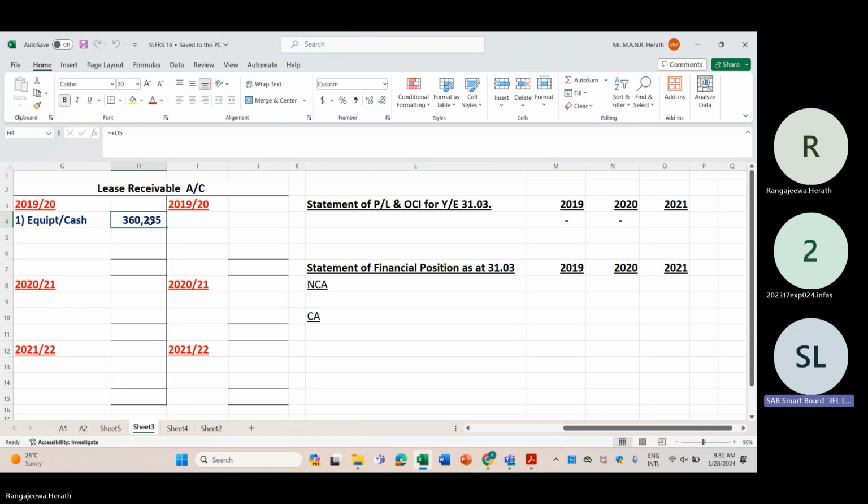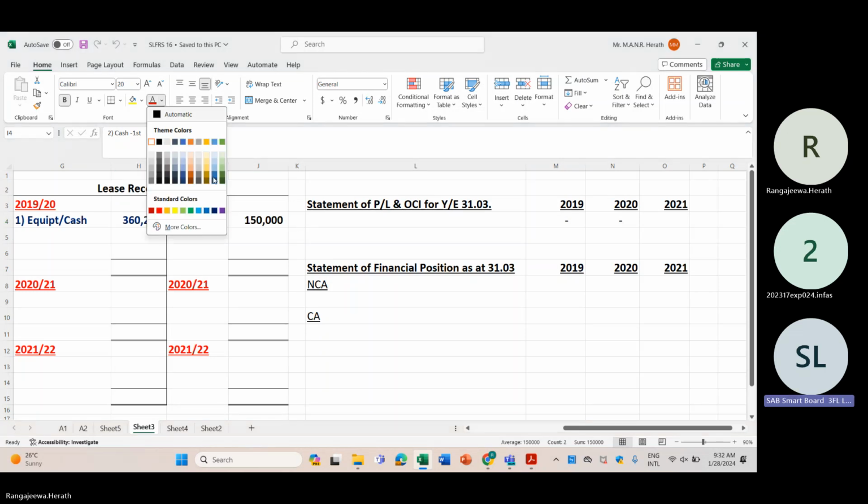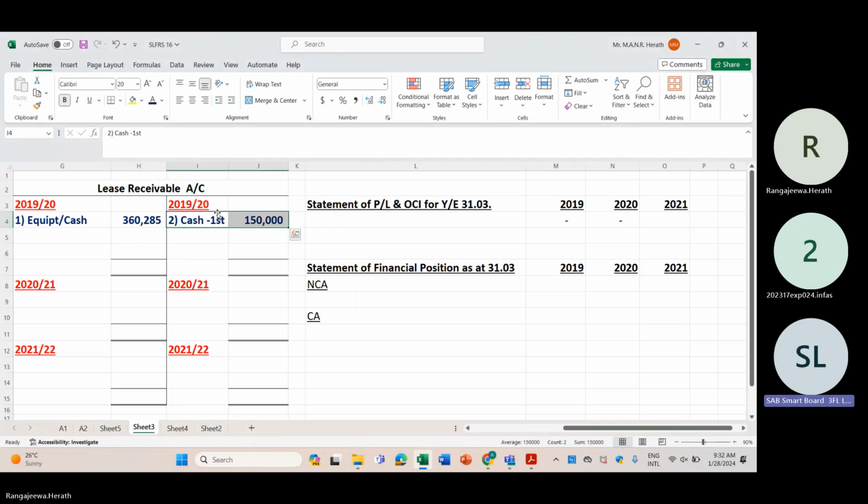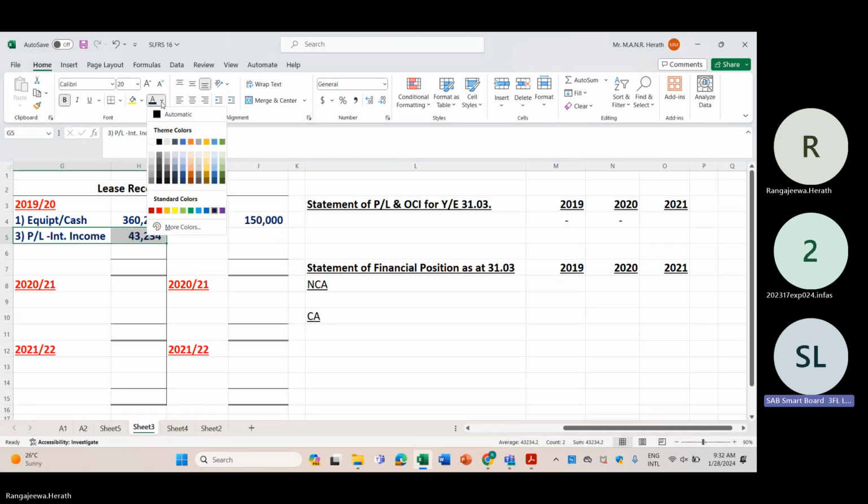This is the discounted amount of the lease payments, from the lessor's side. The lessee pays cash, so cash credit. The equipment is credited and debited here. Then, the first installment, lease rental received by the lessor: cash debit, lease receivable credit. Then the interest included in this you recognize as interest income.